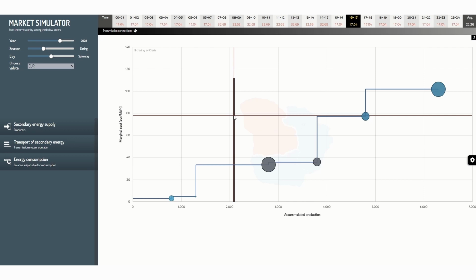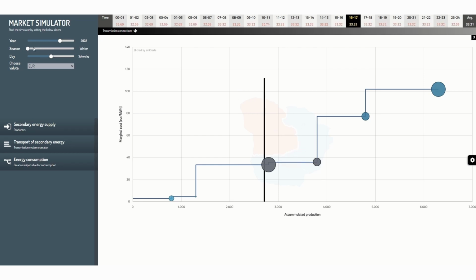The demand will also depend on the season. If I say it is winter time, then the demand will increase. If I say it is a normal workday, then the demand will also increase.